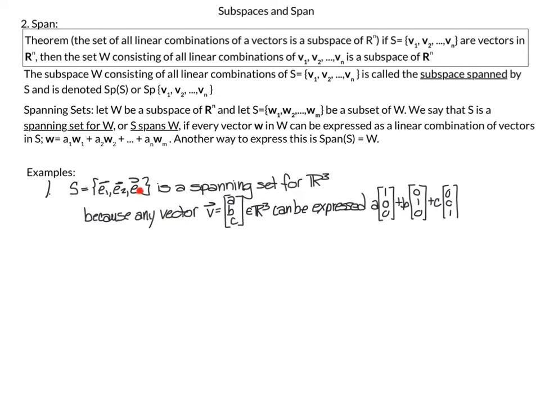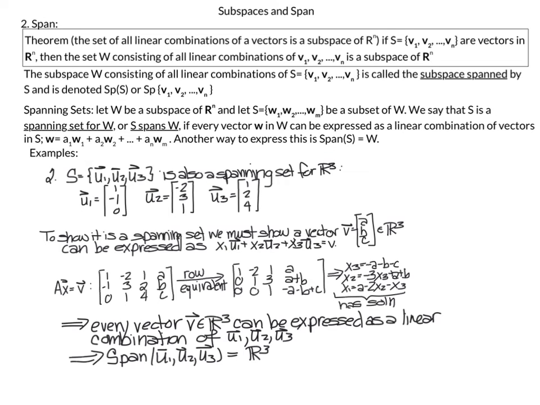E3 means it's going to have zeros everywhere except in the third coordinate, etc. So we say that these three vectors span R3 because any vector v in R3, let's just say the vector v is equal to a, b, c, can be expressed as a linear combination of 1, 0, 0, 0, 1, 0, and 0, 0, 1. In particular, it can be expressed as a times 1, 0, 0, b times 0, 1, 0, and c times 0, 0, 1. So again, these standard basis vectors will span R3.